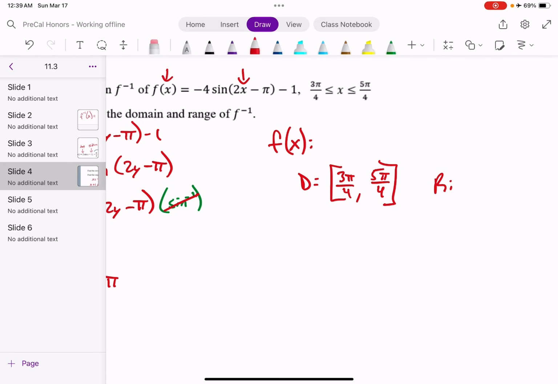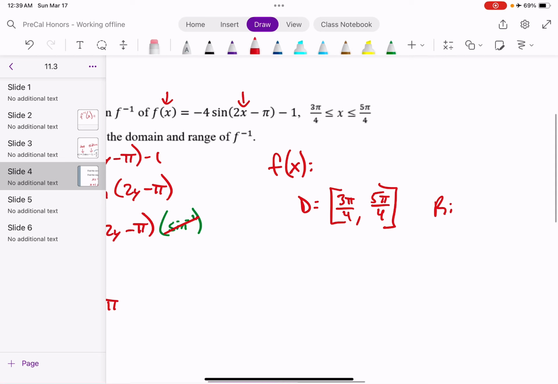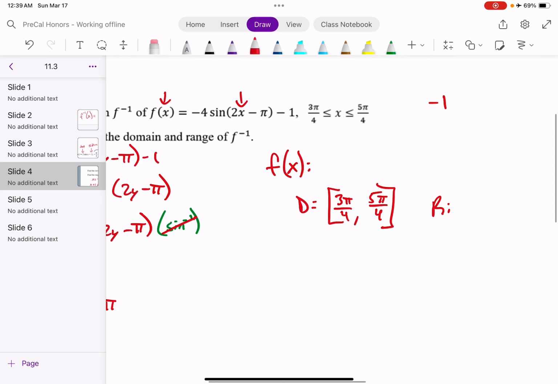The range in this case, keep in mind, our midline is negative 1. We are going to increase by 4, which would be 3, and we are going to subtract 4, which would be negative 5. So our range would actually be from negative 5 to 3.